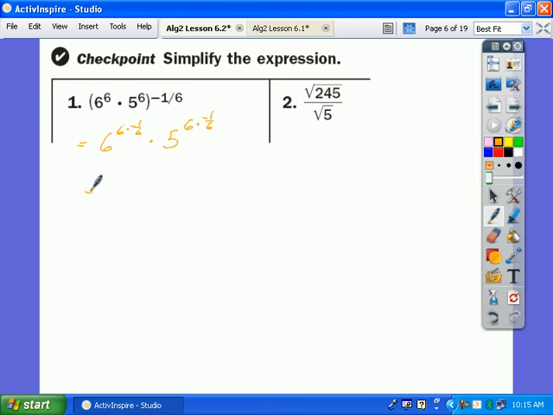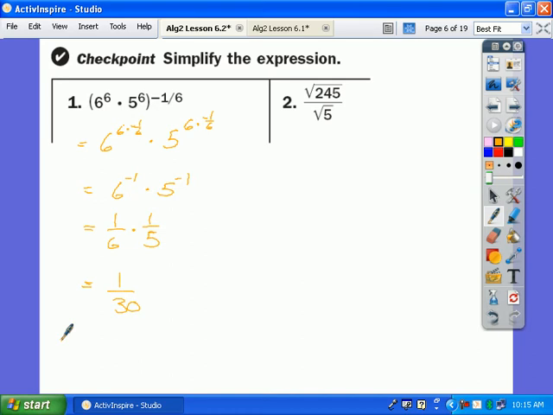And so basically this is just 6 to the negative 1st times 5 to the negative 1st, which is 1 over 6 times 1 over 5, which is just 1/30th. Again, it doesn't matter which step you do first. You have to do both steps at some point.